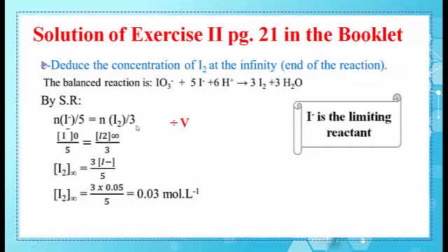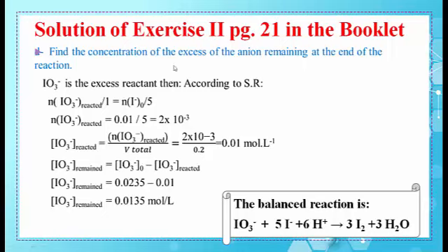Then we get number of moles over volume, which is the concentration of I minus initial over 5, is equal to the concentration of I2 at infinity, at the end of the reaction, over 3. Then concentration of I2 at infinity is equal to 3 times the concentration of I minus initial over 5, equal 3 times 0.05 over 5, equals 0.03 mole per liter.